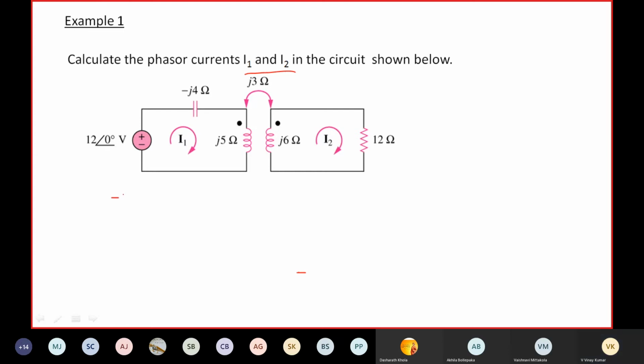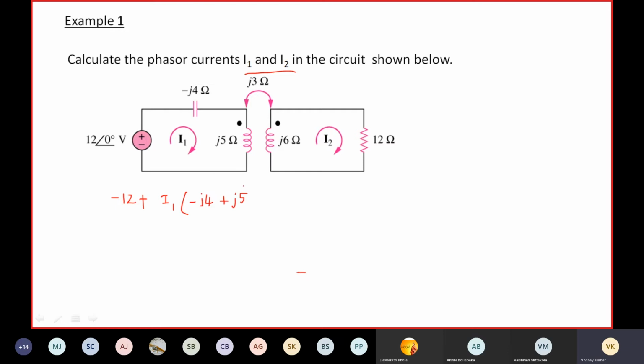Minus 12 plus I1 into minus j4. This is in the frequency domain. Minus j4 plus j5.